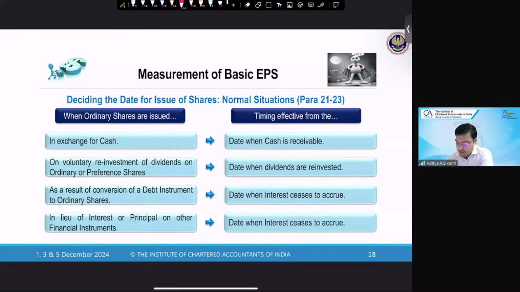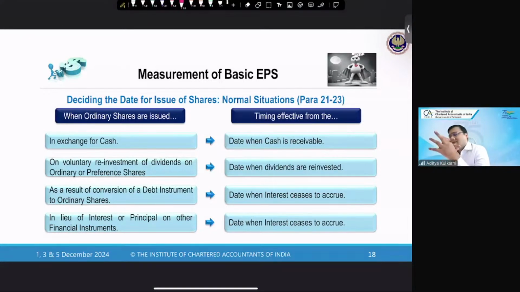Okay, all right. What will be the date for the purposes of timing as per Ind AS 33? When we said weighted average, what am I weighing it for? Sir, I am weighing it for the time. Then what will be my timing factor considered from?